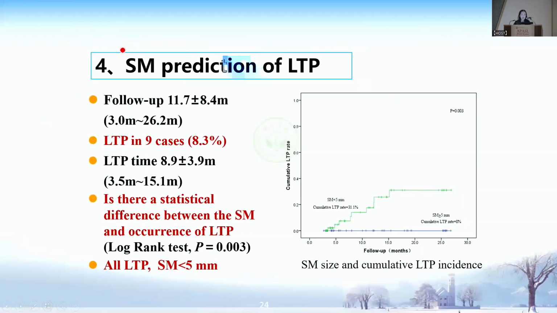And fourth, the safety margin can predict local tumor progression. In our data, local tumor progression is highly related to the safety margin and size.